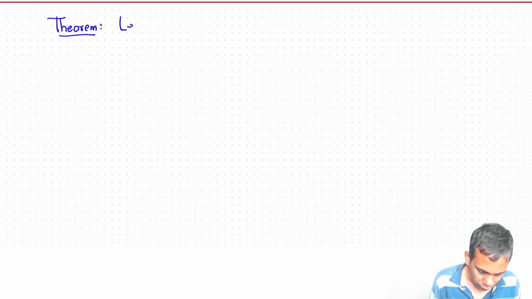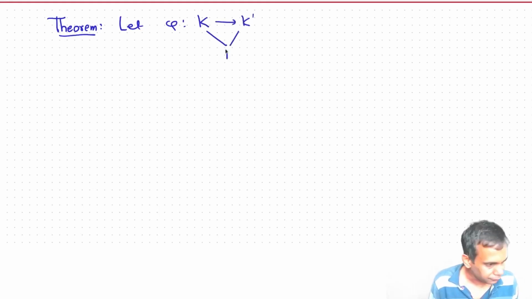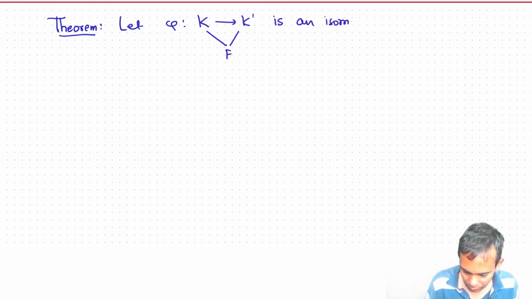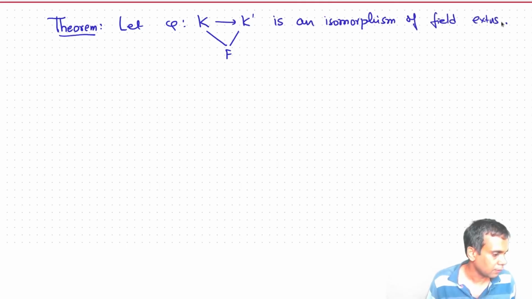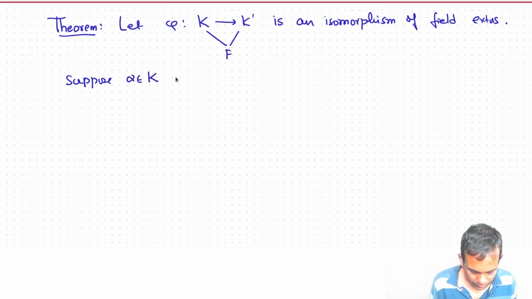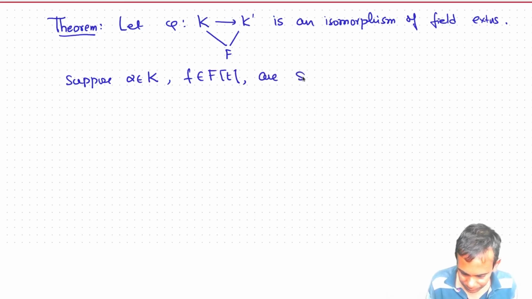Suppose phi from K to K' over F is an isomorphism of field extensions, and suppose alpha belongs to K is an element, and f is a polynomial in F[t] such that f(alpha) is 0.